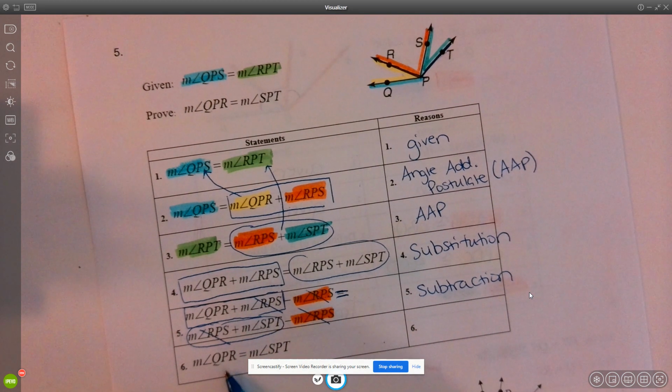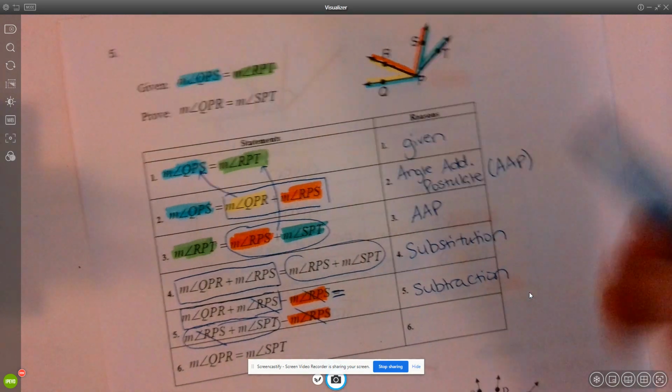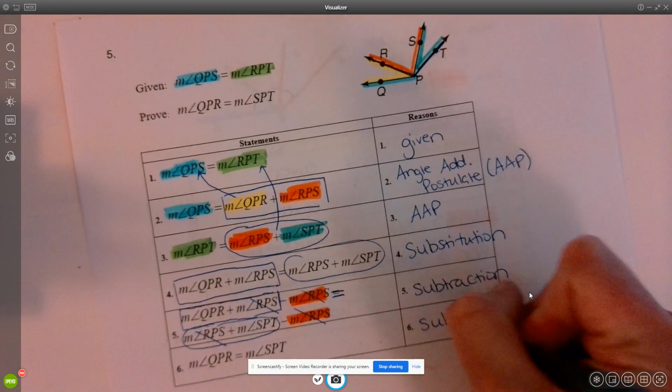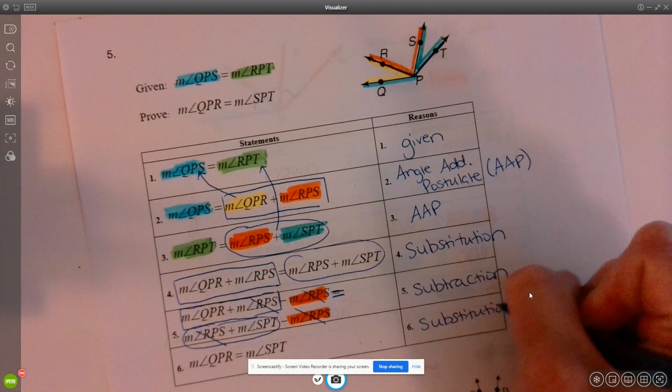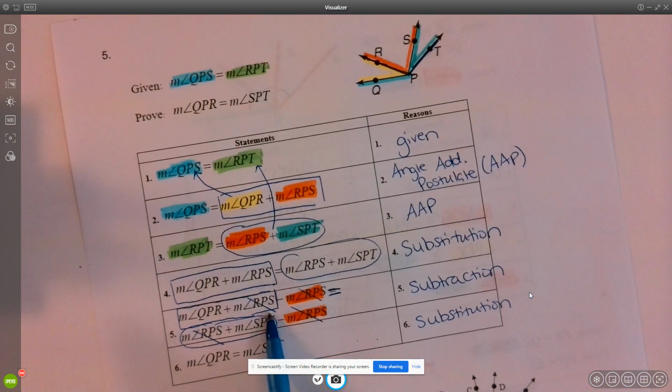And when it cancels, you can see that we're left with the measure of angle QPR equals the measure of angle SPT. This was what we were trying to prove. Our reason for how we got statement 6 was we canceled and we simplified. So remember, when we do that, we call that substitution. We're taking a much more simple equation and we're replacing it with what we had.